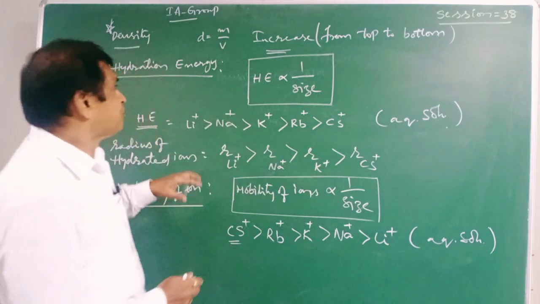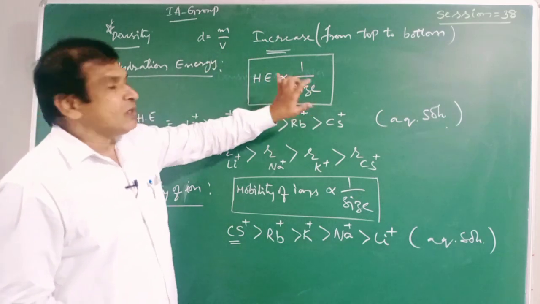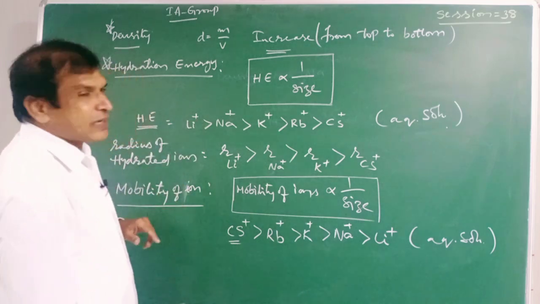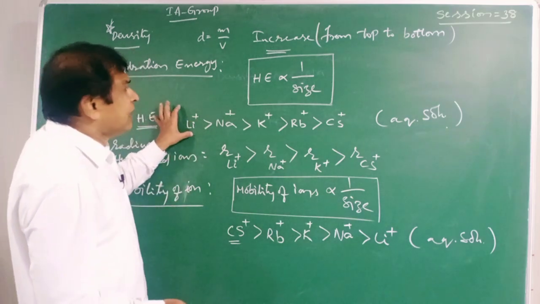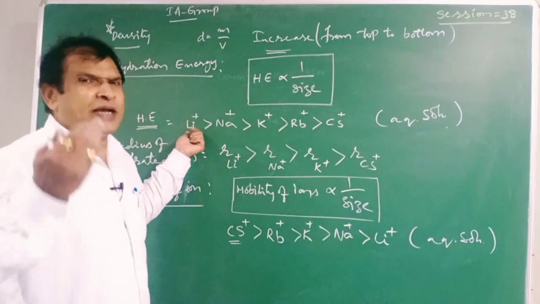Now, hydration energy is inversely proportional to the size. Smaller the size, greater will be the hydration energy. Among all the alkali metals, lithium is smaller in size. Therefore, lithium hydration energy will be more. That means lithium ions get more hydrated.